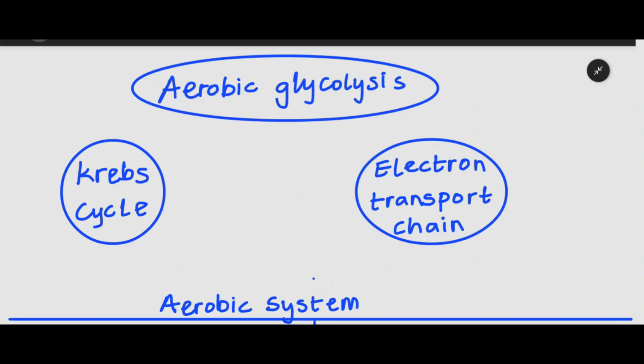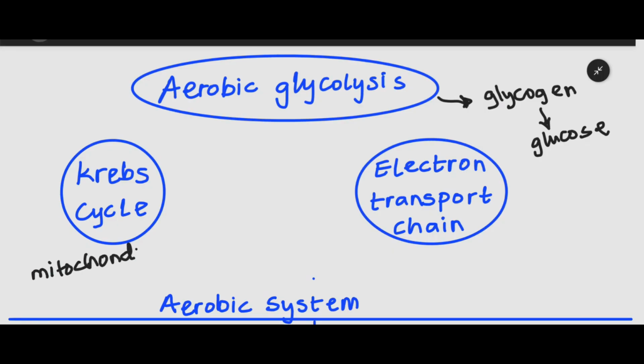So aerobic glycolysis is where glycogen gets broken down into glucose using an enzyme, and then the Krebs cycle happens in the mitochondria, specifically in what we refer to as the mitochondrial matrix, and the electron transport chain happens also in the mitochondria in what we refer to as the mitochondrial cristae. So these are the three stages of the aerobic system.